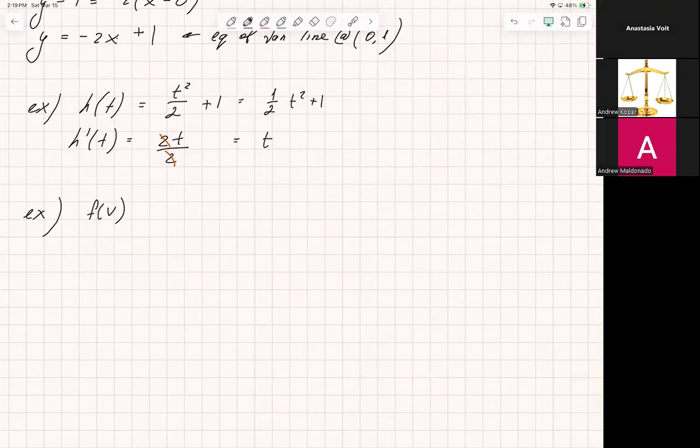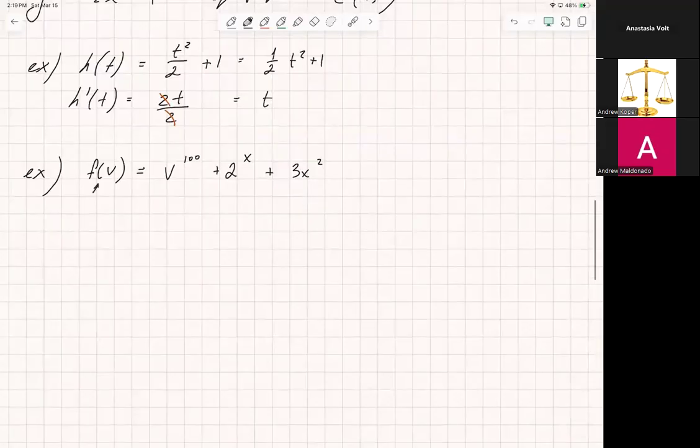Okay, so let's look at the next example. We have f of v, and we have v to the power of 100 plus 2 to the power of x plus 3x squared. Okay, so here we have v and x as our variables, right?